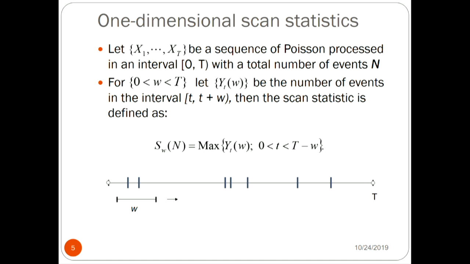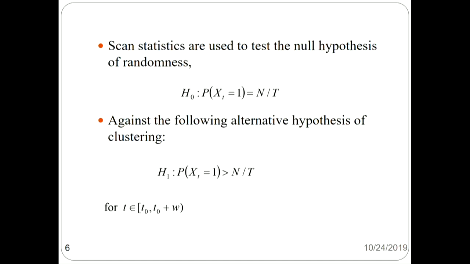Over this time period, a total of n events will happen. Under the null hypothesis, those n events are supposed to be randomly distributed over the entire time period. Under the alternative hypothesis, it is assumed that in a certain time interval there is an increase of the intensities.